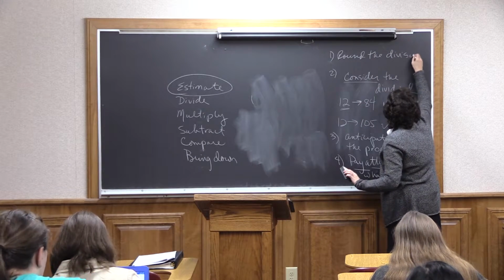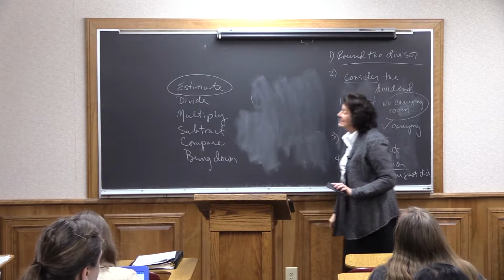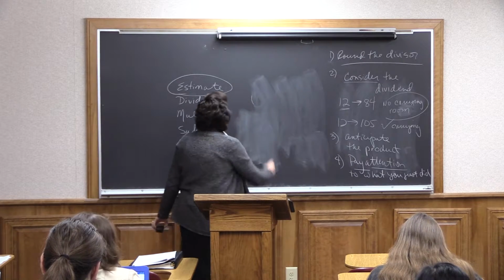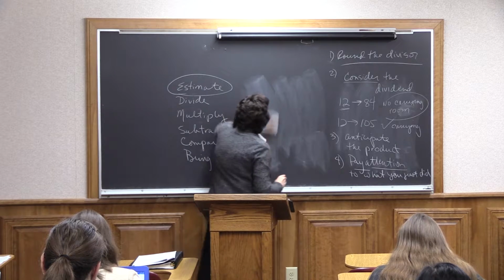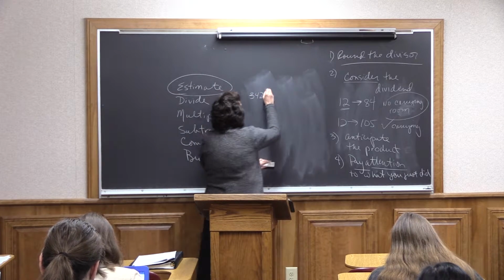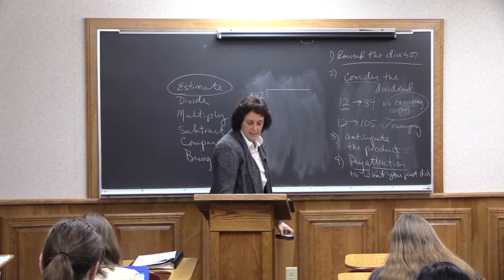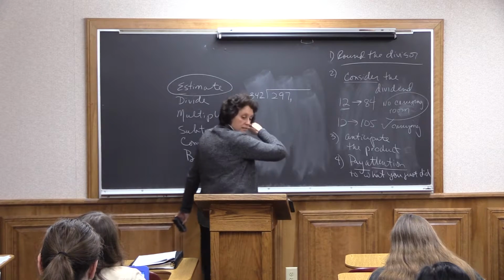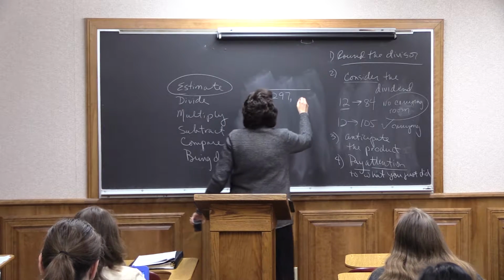That is our first strategy, but it's just the beginning. Let's try 342 as our divisor. Our dividend is 297,882.